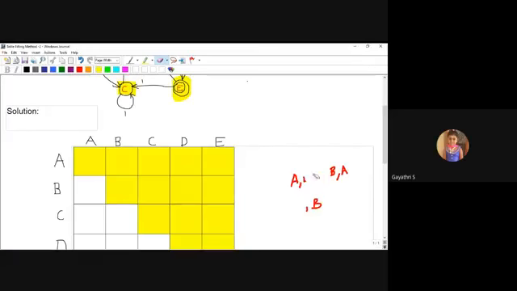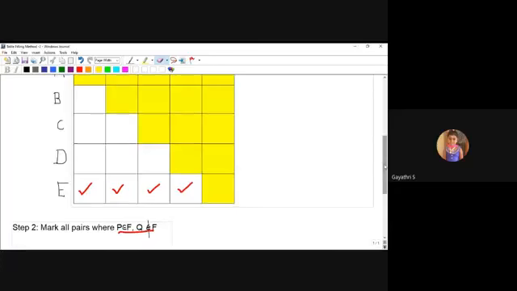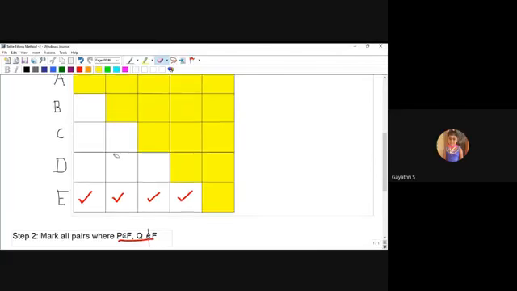Next, step 3. As I have already instructed you, step 3 is the iterative part. If there are any unmarked pairs P comma Q, such that del of P comma X and del of Q comma X is marked, you have to check.